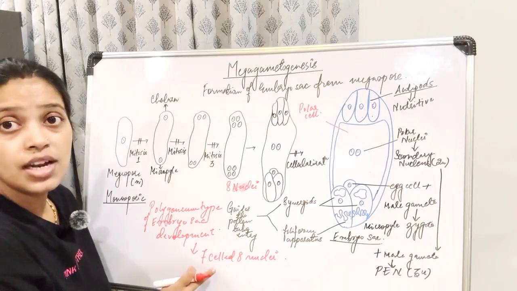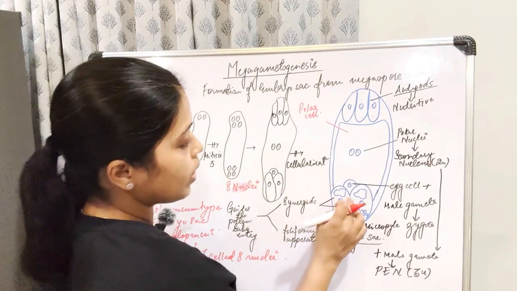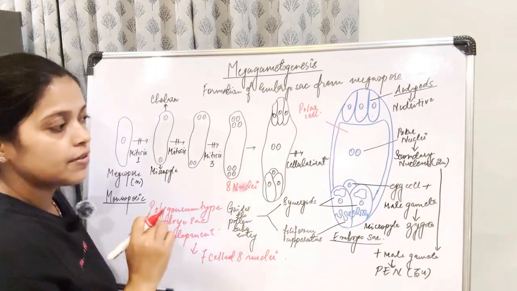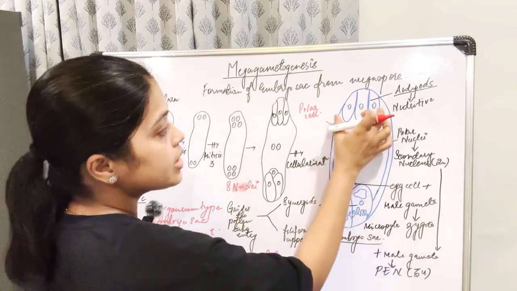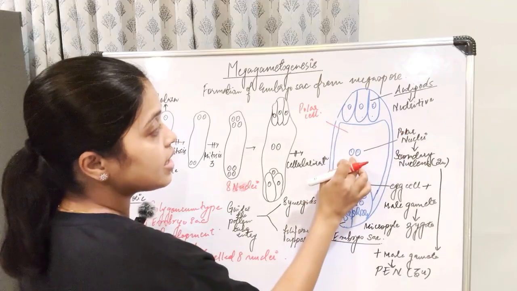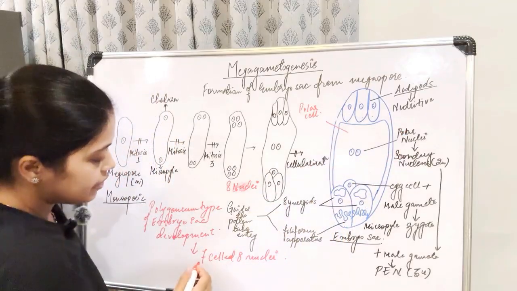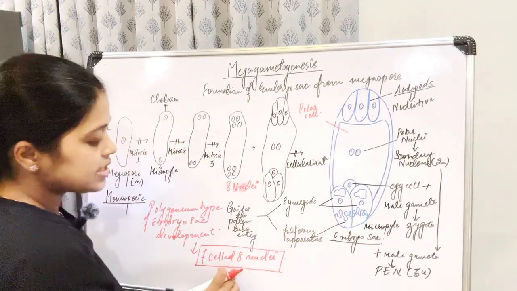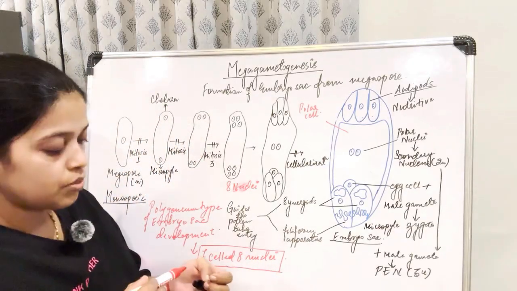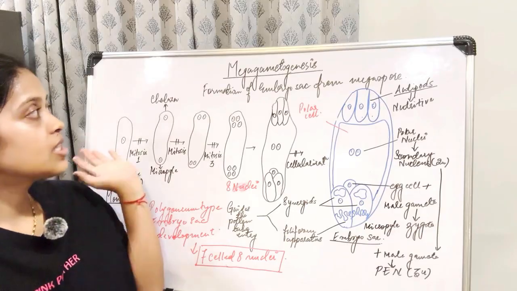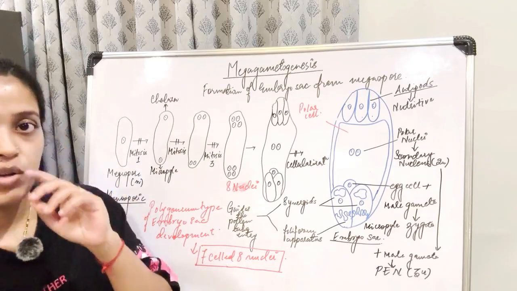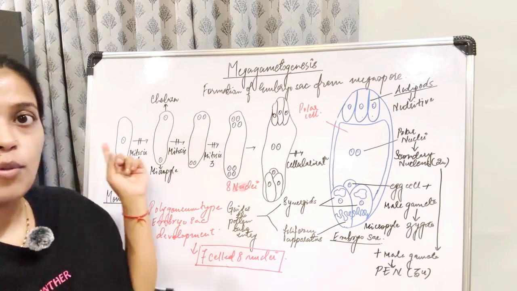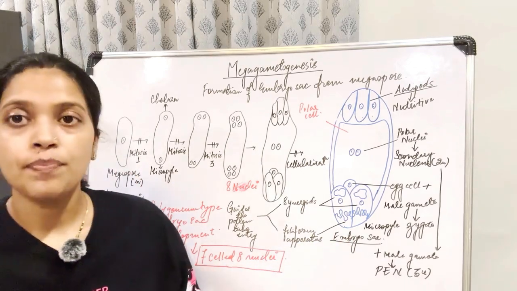But if you count the number of cells, it is only 7. So 3 at the micropyle, 3 at the chalazal, and a single polar cell in the center. So that is why it is called polygonum, that is 7-celled 8 nuclei. Understood? So this is the whole process of megagametogenesis, that is the formation of embryo sac from the megaspore.